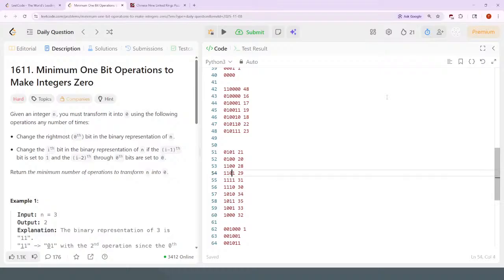Then am I just off? 16, 17, 20, 1, 21. Oh, what am I doing wrong here? 8, 16 plus 8 plus 4. 16 plus 8 is 24, plus 4 is 28.